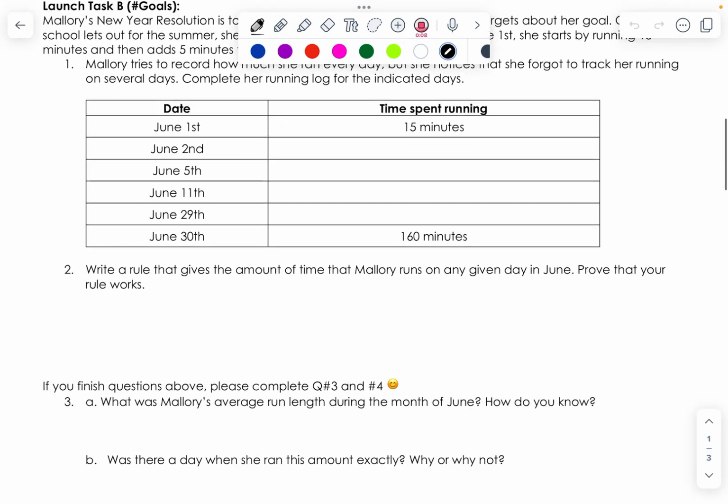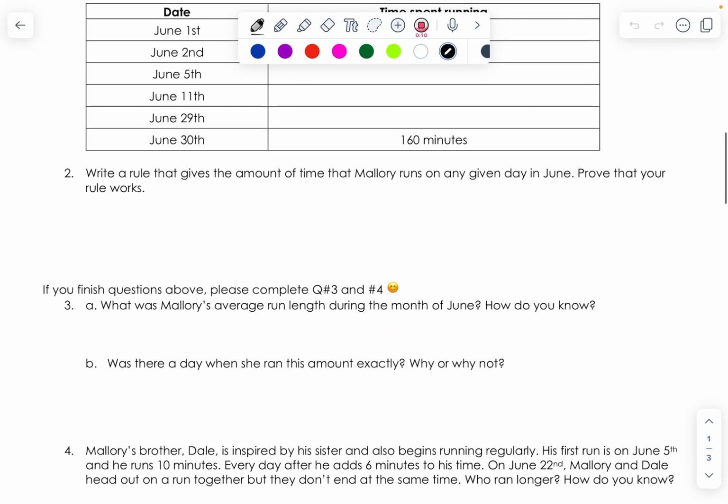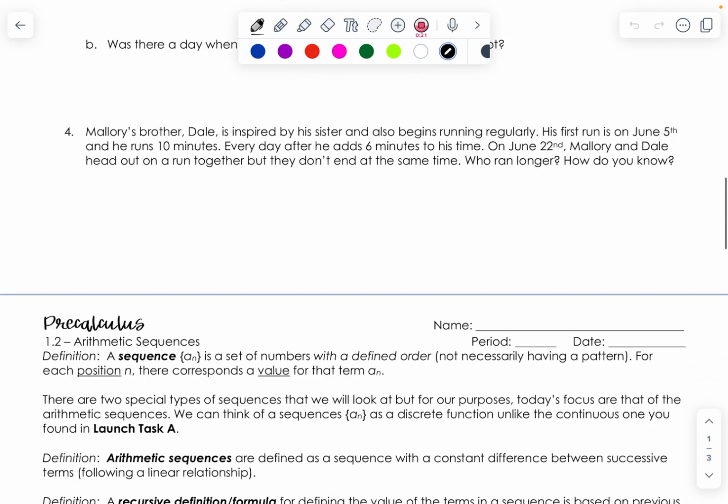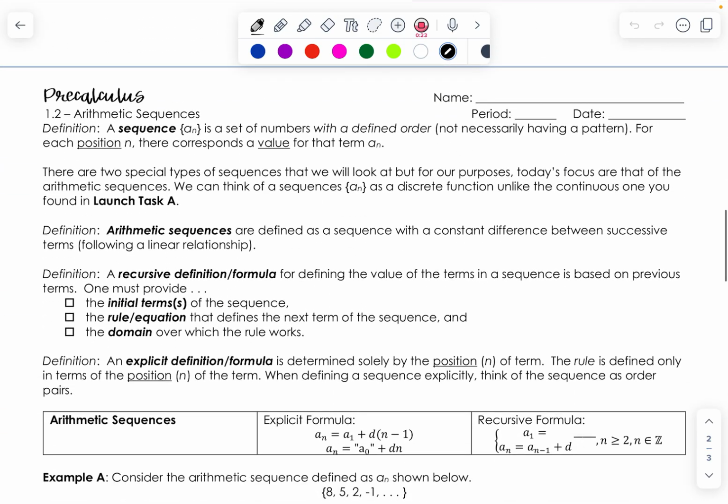All right, so what I really wanted you to gain from the launch is that arithmetic sequences have a common difference, and if technically you plotted them, it would be a line. So again, a sequence is a set of numbers with a defined order, not necessarily having a pattern.